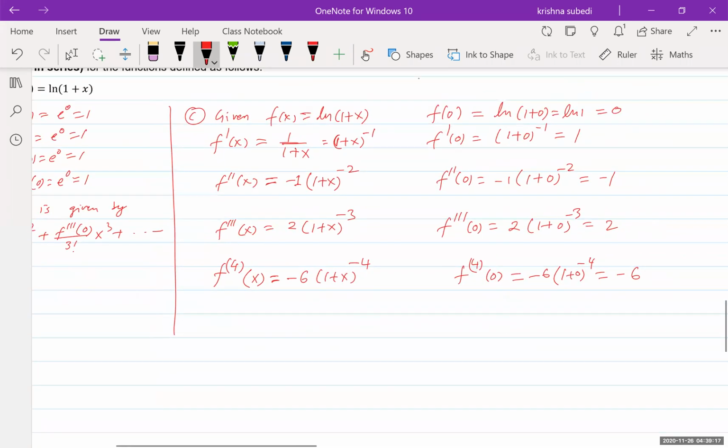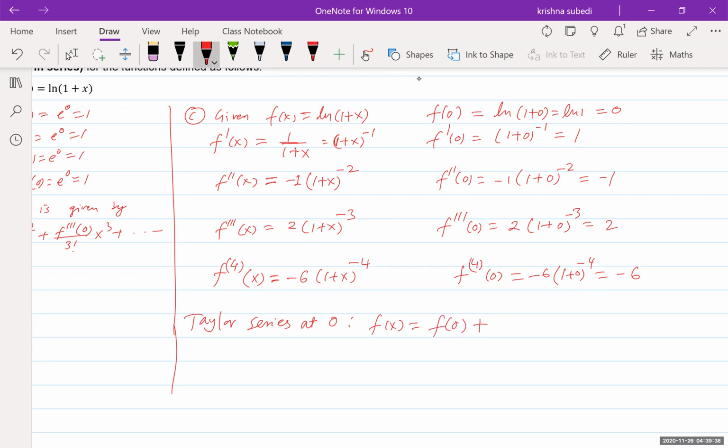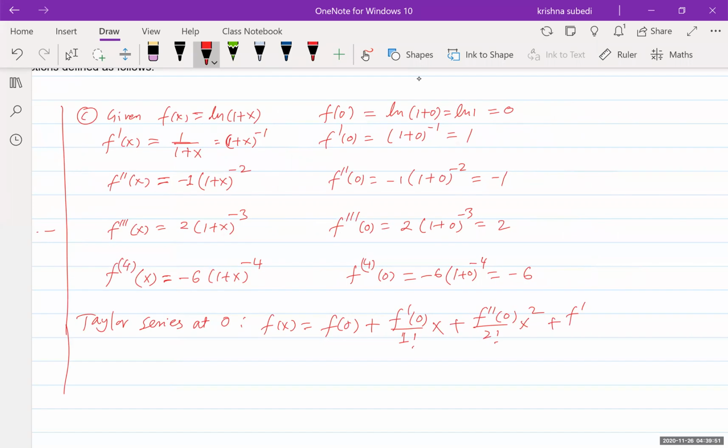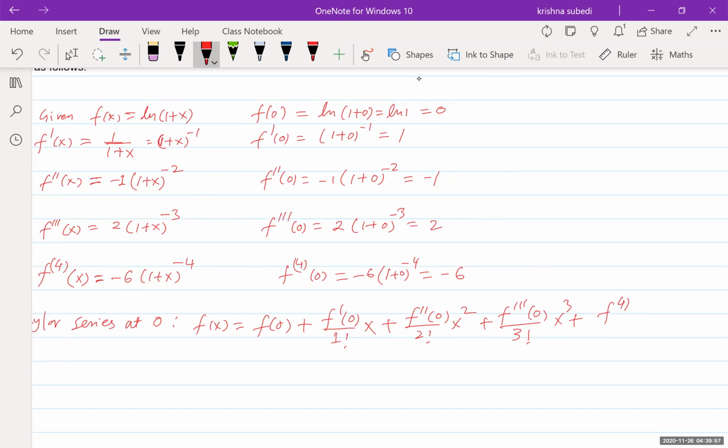And we know the formula. The Taylor series at 0 is given by, the formula is f of x equals f of 0 plus f prime of 0 over factorial 1 times x plus f double prime of 0 over factorial 2 times x squared plus third derivative at 0 over factorial 3 times x cubed plus fourth derivative at 0 over factorial 4 times x to the power 4.